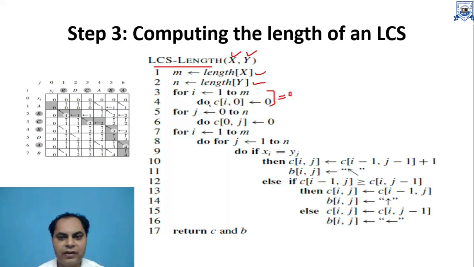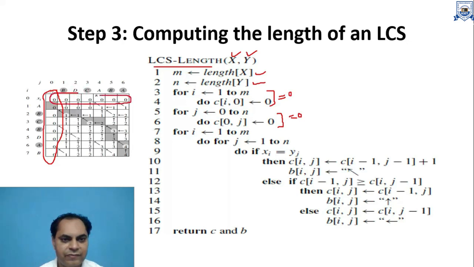So these values are 0. For j equal to 0 to N, C[0][j] equals 0. It signifies that if the length of sequence X is 0, it doesn't matter what the length of sequence Y is, nothing would be common and it would remain 0. This denotes this situation.